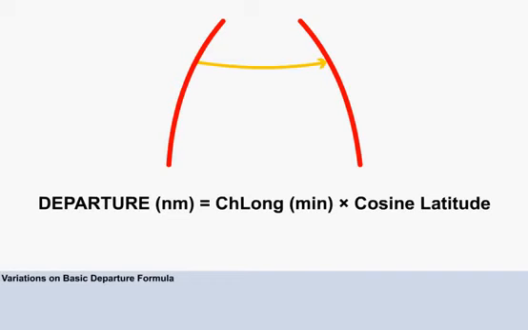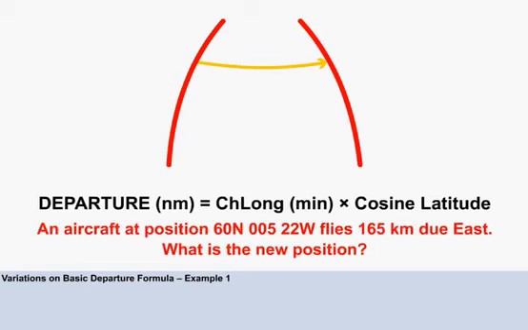Test questions are unlikely to be as simple as that. They usually involve conversion of units from kilometres to nautical miles, or some rearrangement of the equation. Take this example. An aircraft at position 60 north and 5 degrees and 22 minutes west flies 165 kilometres due east.